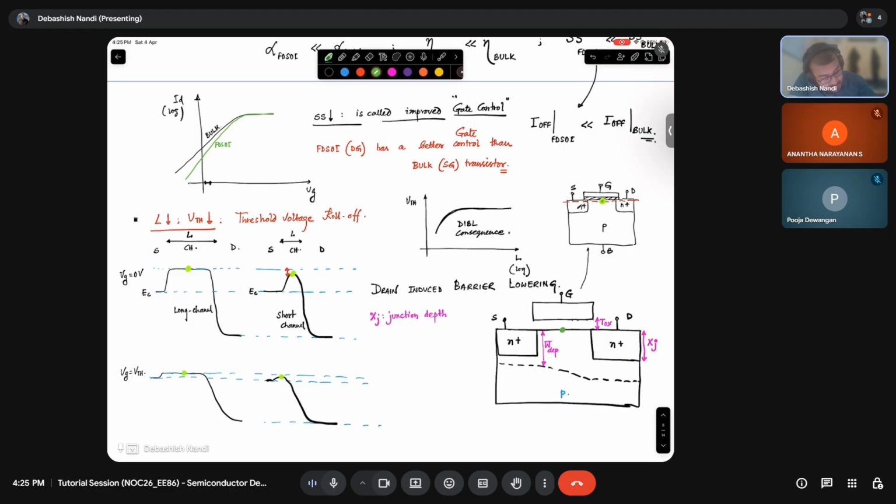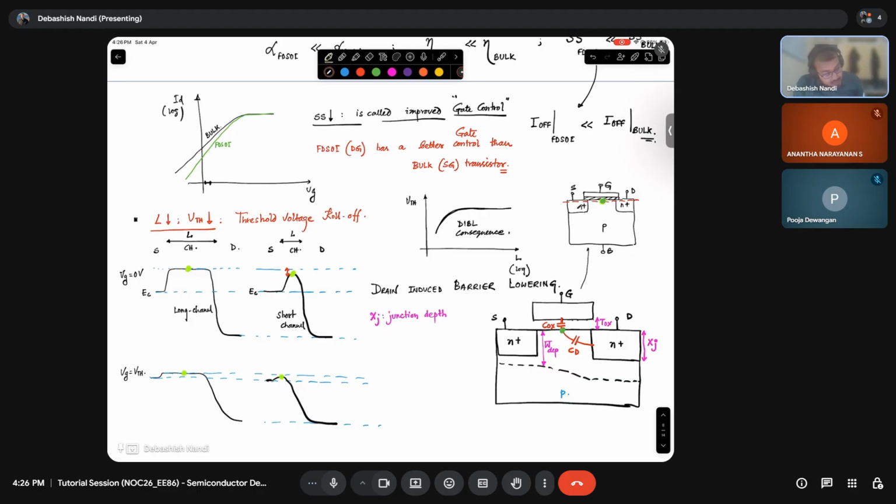This is the same node, and I have two capacitances. One is this, and another one is this. This I call Cox. This is CD, and this is the node in between.